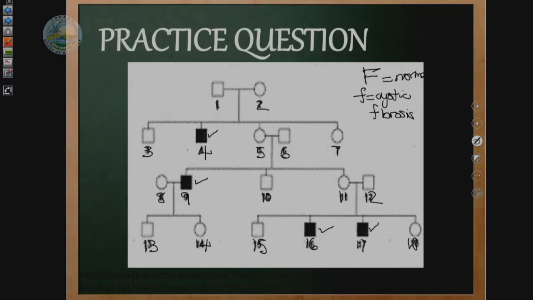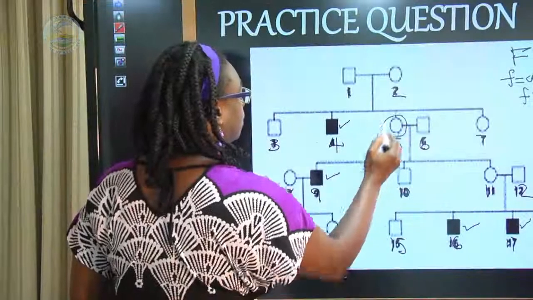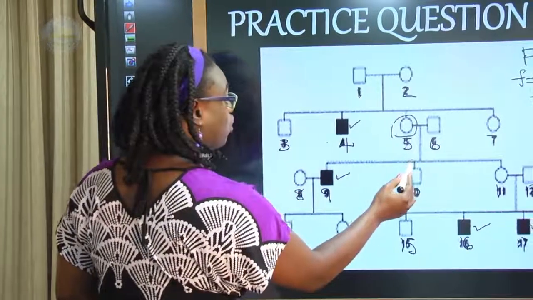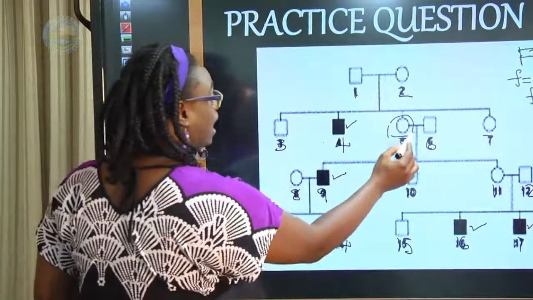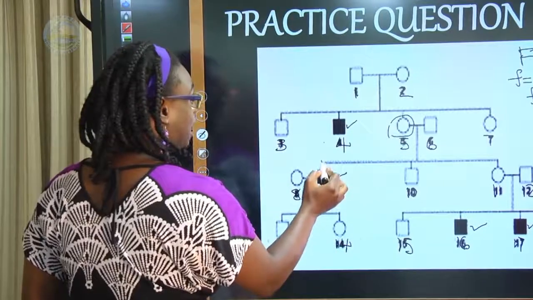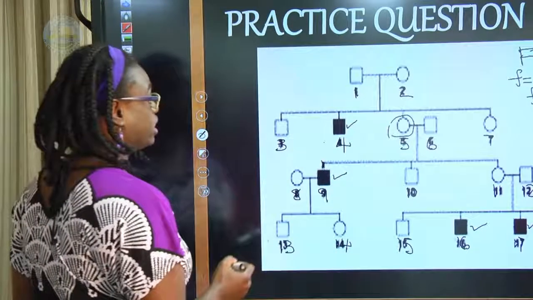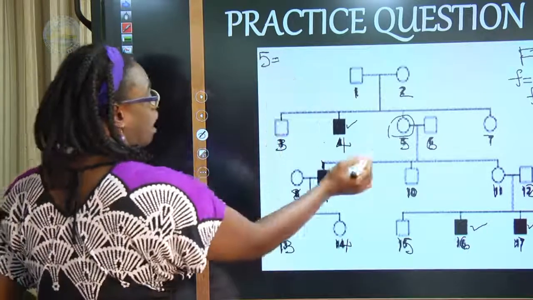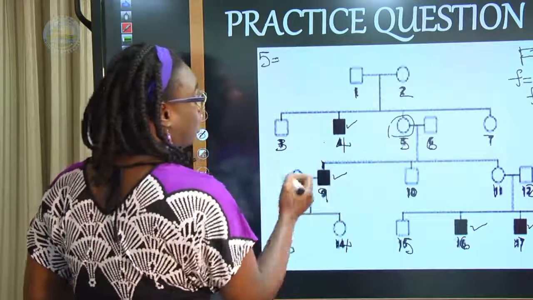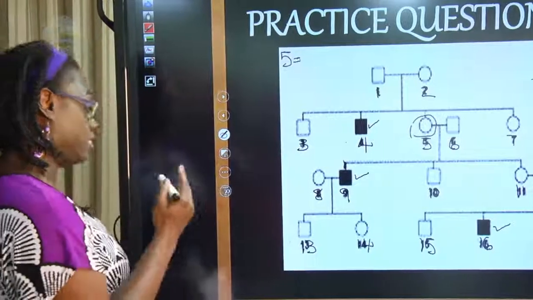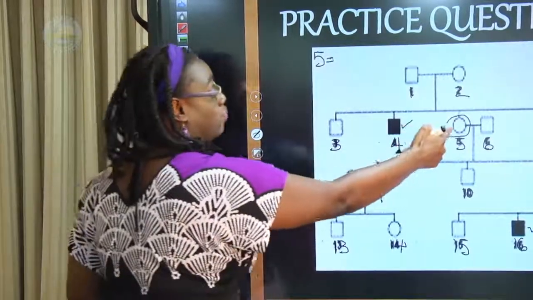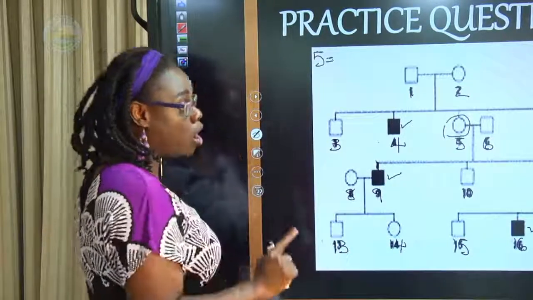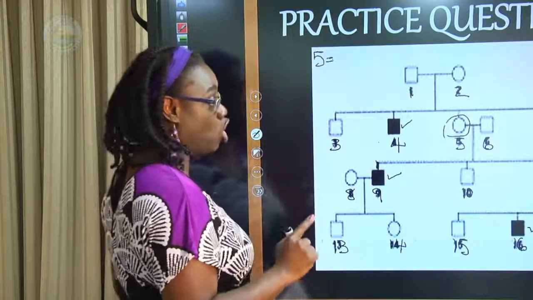Individual 5 here does not have the disease. However, that person has a child that has the disease. So if an offspring of individual 5 has the disease, it means that this female would have passed on one recessive allele to her offspring.